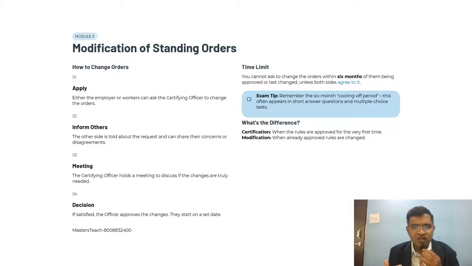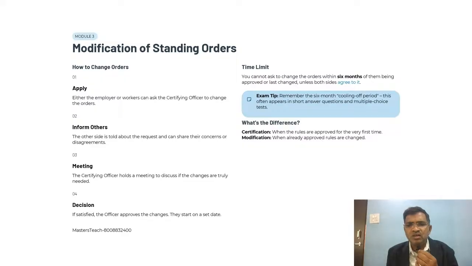The time limit is that once the order is issued, within 6 months it cannot be changed. After 6 months only it can be changed, unless both parties, the employer and the employees, agree, and then it can be changed within 6 months. So here the 6 months is a cooling off period.